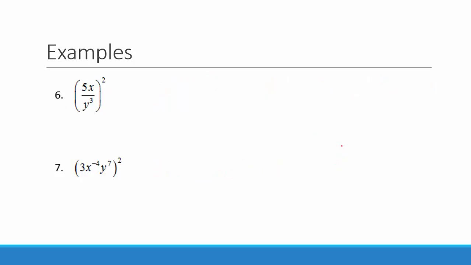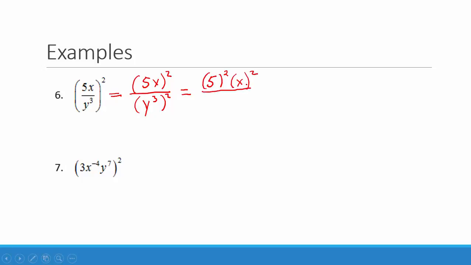Number 6, we have a quotient to a power, so we'll distribute the square to the numerator and the denominator. So we get 5x squared over y to the third squared. In the numerator, we have a product to a power, so we will distribute the power to the 5 and to the x.